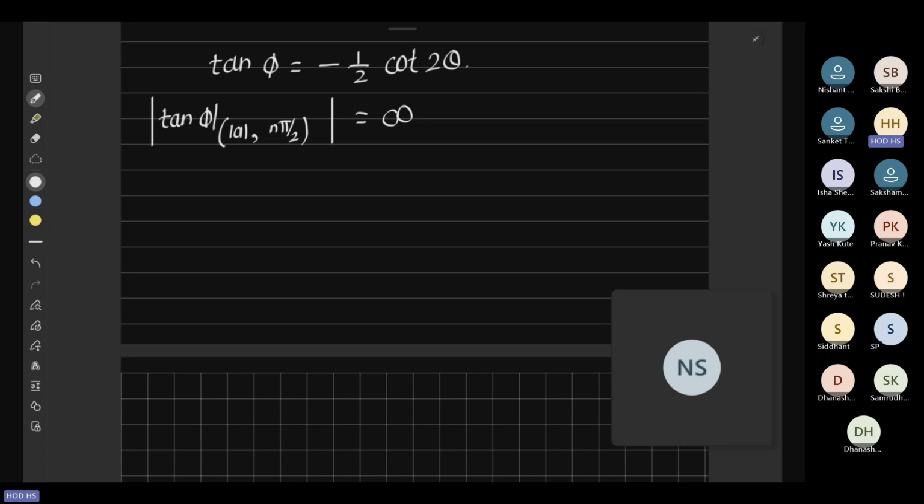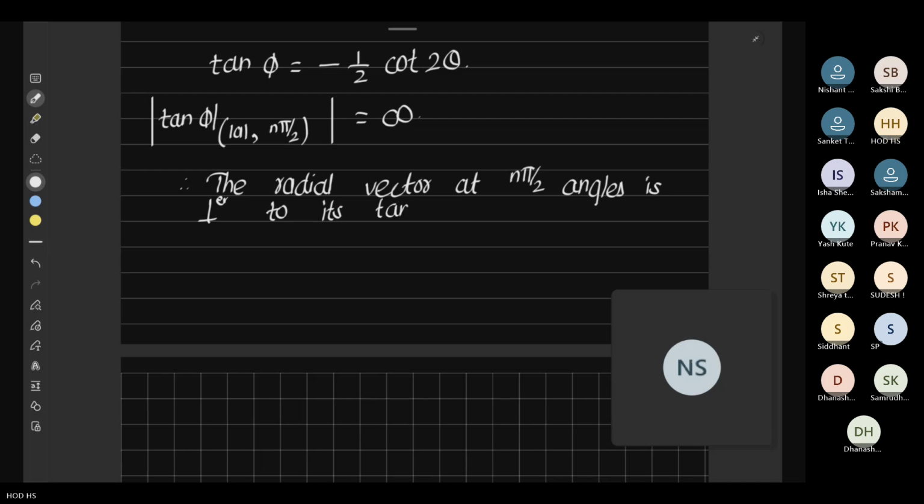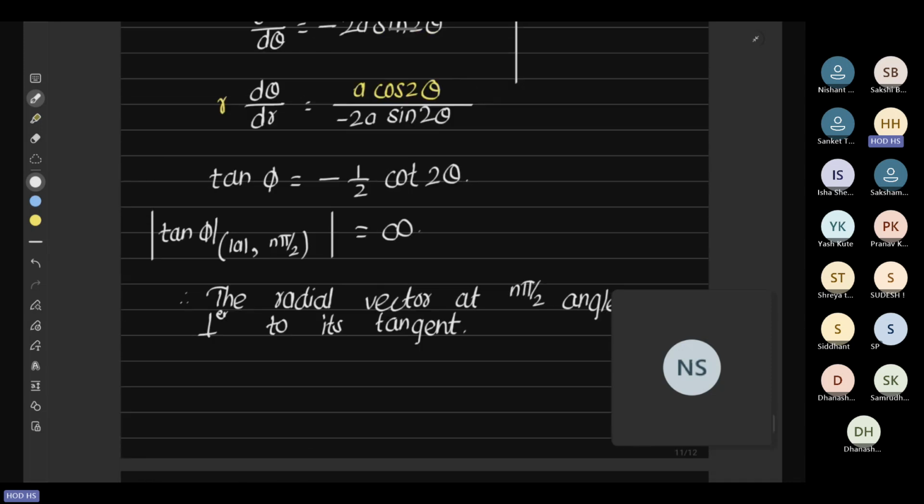So notice that all those values will be infinity, and I can conclude that the radial vector at these n pi by 2 angles is perpendicular to its tangent. So since the slope is infinity, we can directly conclude that tan phi is infinity. So phi is pi by 2. So that's why they are perpendicular with each other.